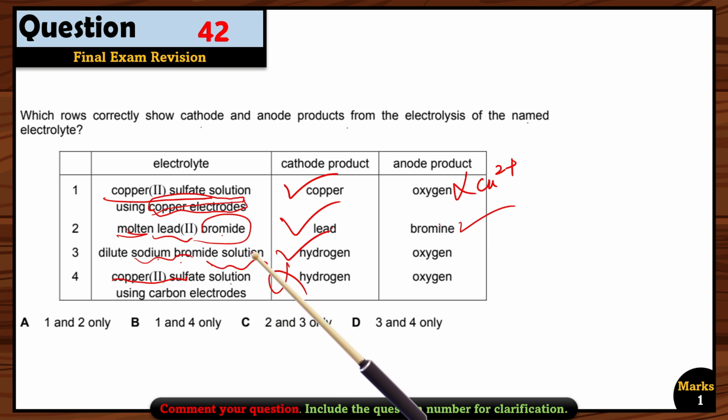Dilute sodium bromide solution. Usually what are you going to get? You are going to get, of course, oxygen here, right?